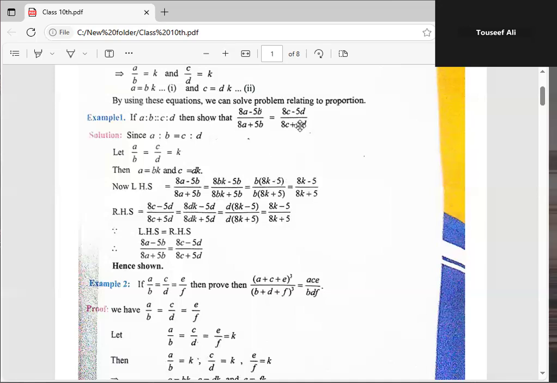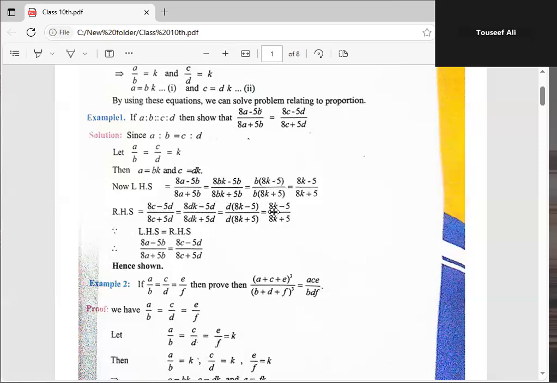Now we will solve the right hand side, which is 8C minus 5D divided by 8C plus 5D. In place of C, I will replace the value DK. So 8DK minus 5D divided by 8DK plus 5D. Now from the numerator, D is common. By taking D common, 8K minus 5 divided by D into 8K plus 5, which means D and D cancel each other.